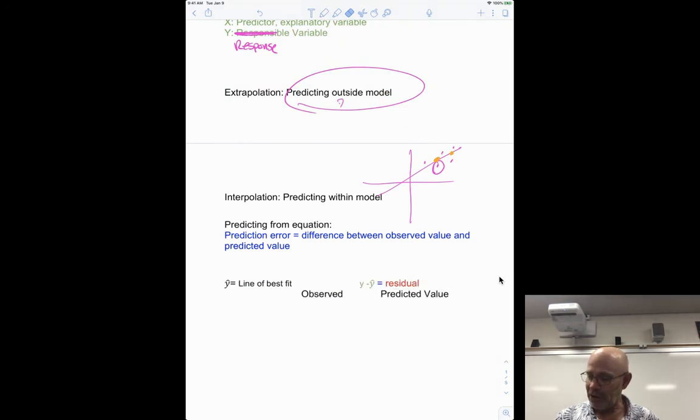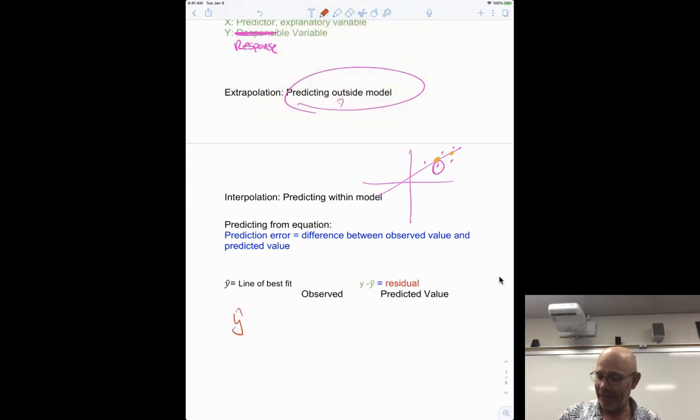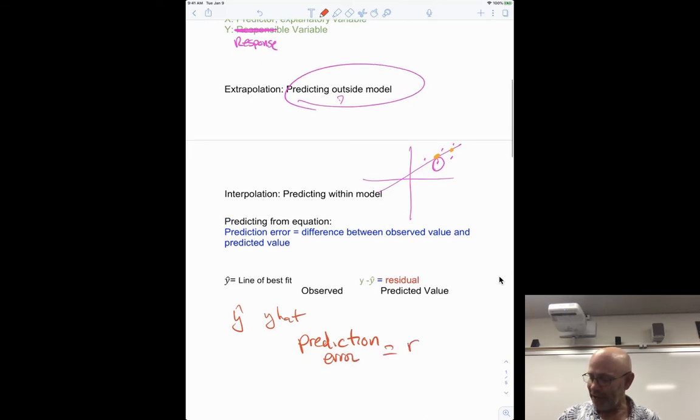So a little terminology. We often use y hat. This is called y hat to mean the line of best fit. So this prediction error, kind of ignore my writing there. Sorry, this got a little messy. I'll do this. Prediction error, okay, is called a residual. And it's y minus y hat.